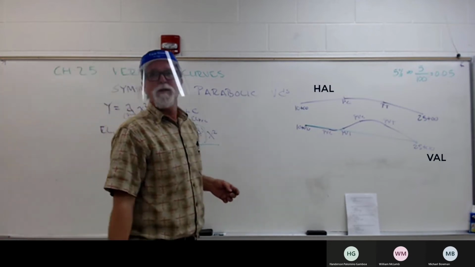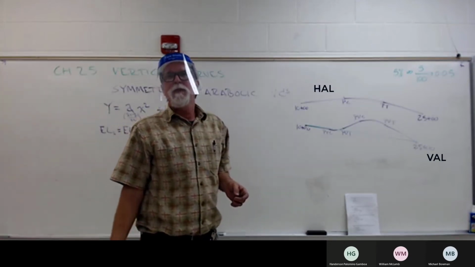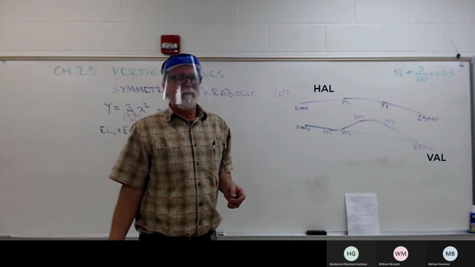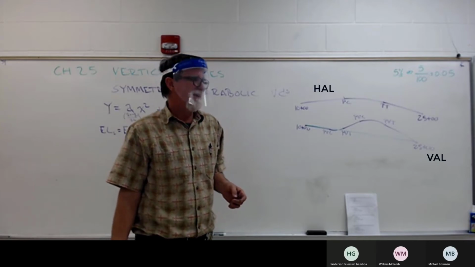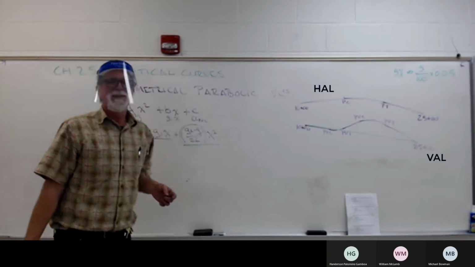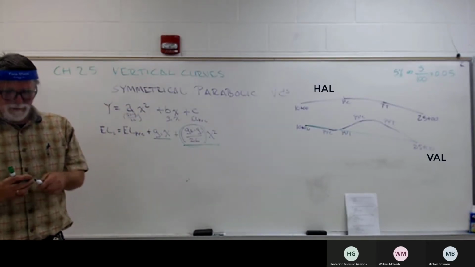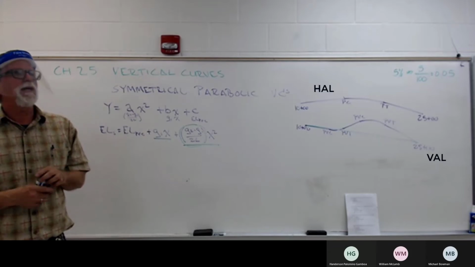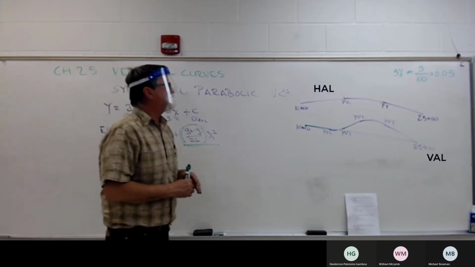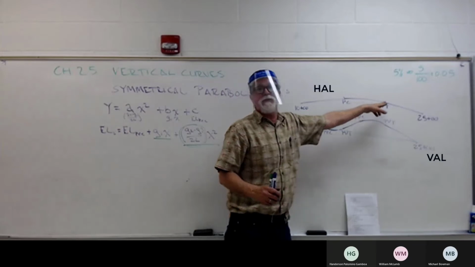So the L is really the distance traveled vertically throughout that difference in station. So that stationing represents the distance you travel on here.